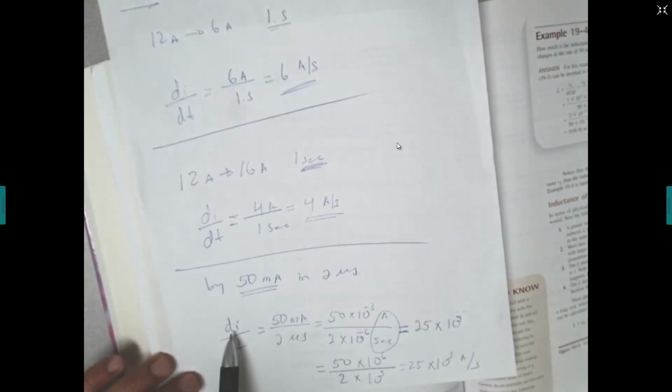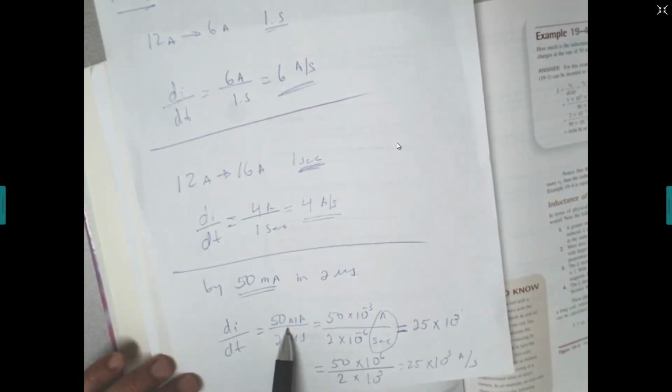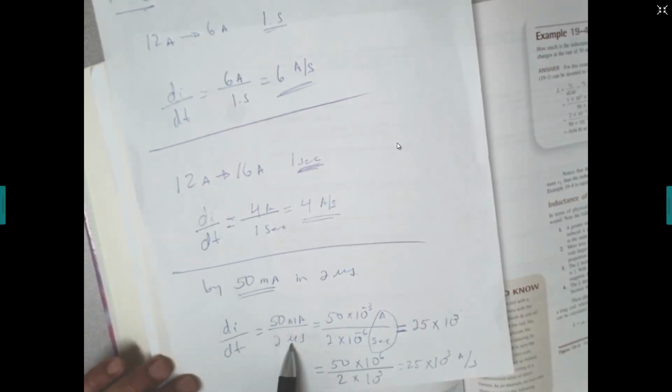Okay, again, the current changed by 50 milliamps every 2 microseconds. So the change of current with respect to time would be 50 milliamps per 2 microseconds. So 50 milliamps is 50 times 10 to the negative 3 amps. 2 microseconds is 2 times 10 to the negative 6 seconds.